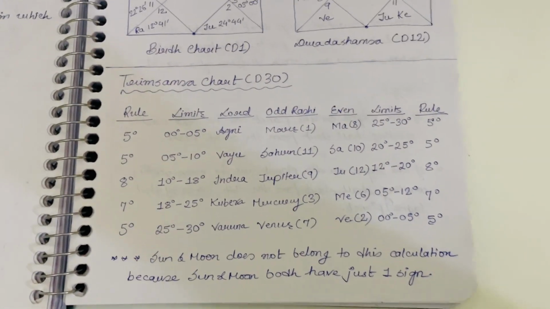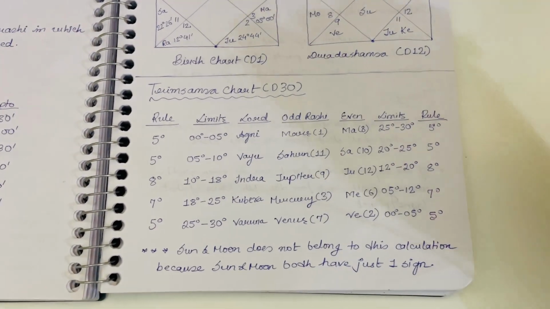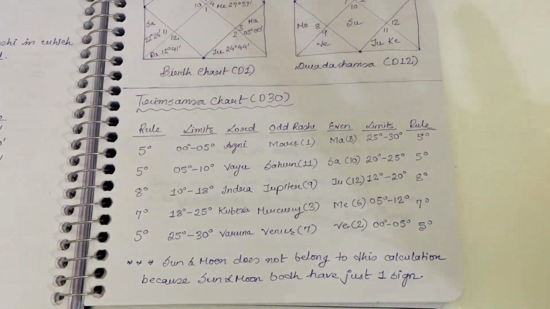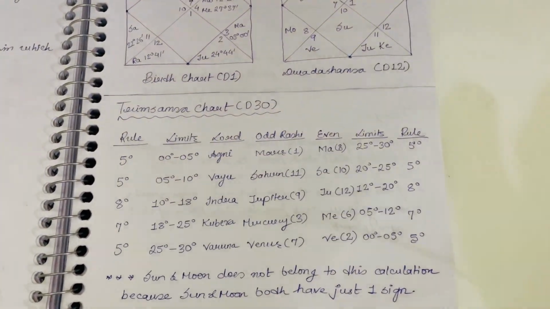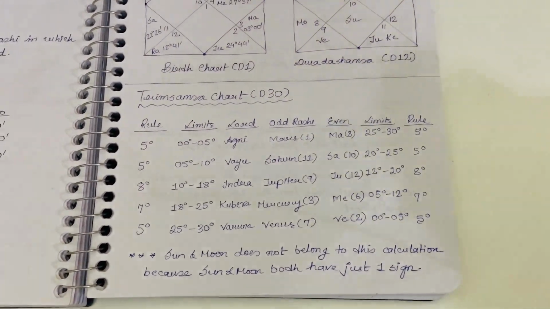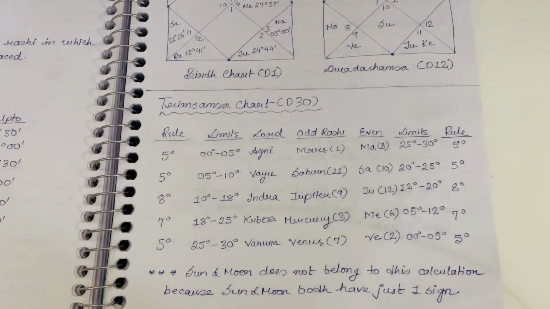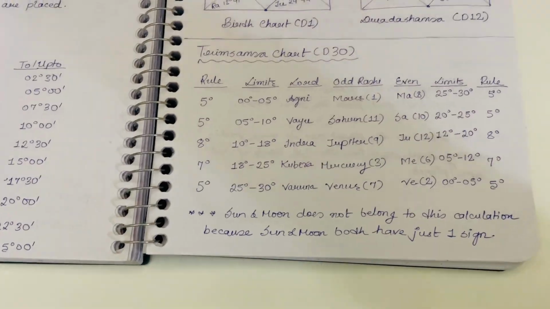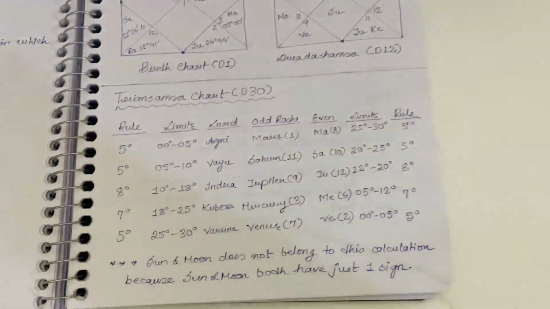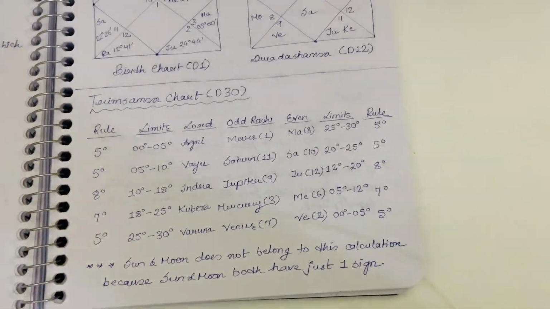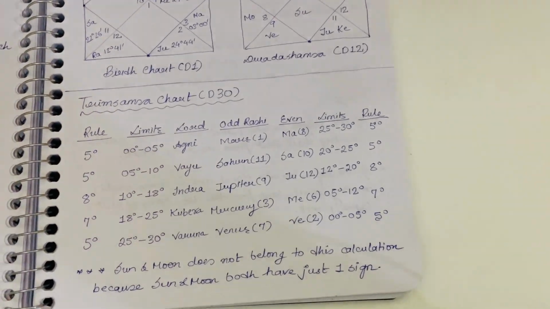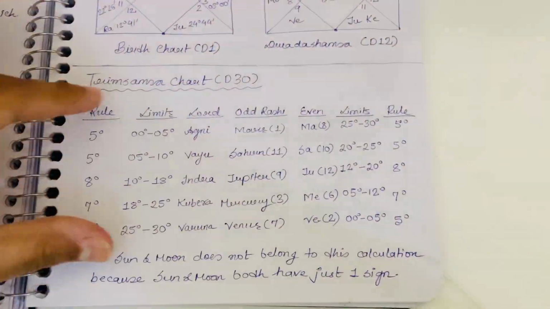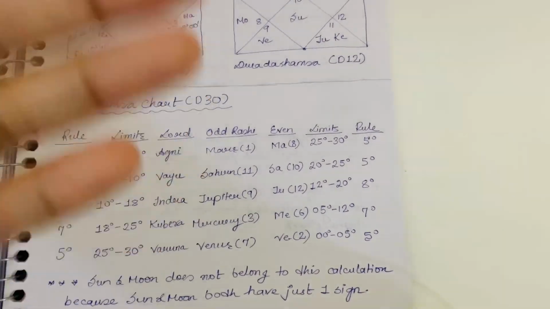So now this particular table is a very simple table. You just have to create it on your own 2 to 3 times, and then you will find it very easy to remember. If initially you are not able to mentally create and calculate the Trimsamsa chart, or for any other Varga charts, you have to write down this table, create it in front of you.